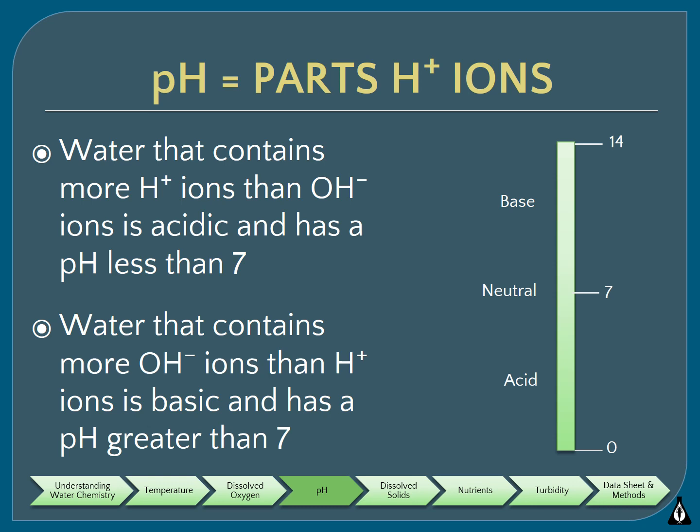Water that contains more hydrogen ions than hydroxide ions is acidic and has a pH of less than 7, while water that contains more hydroxide ions than hydrogen ions is considered more basic and has a pH that's greater than 7.